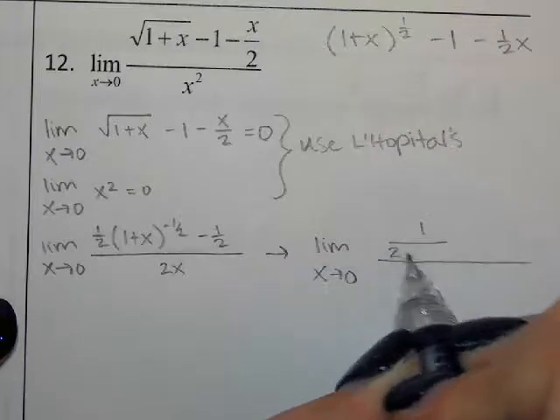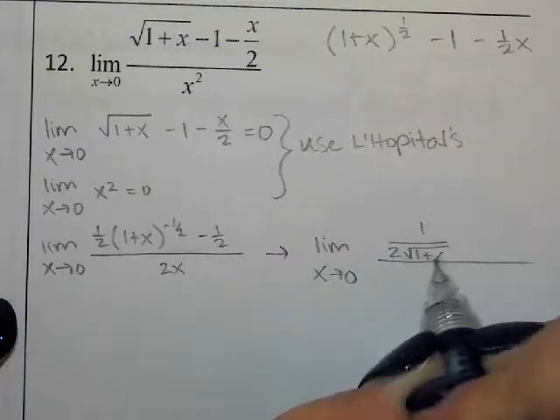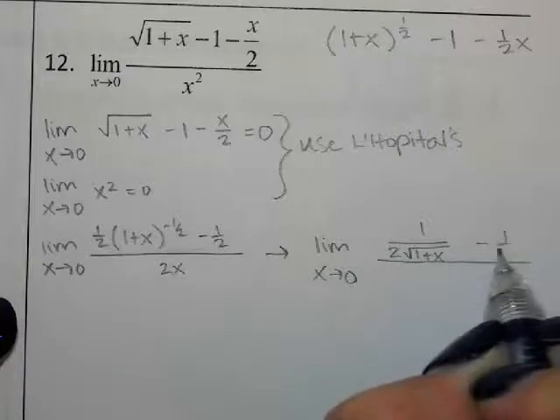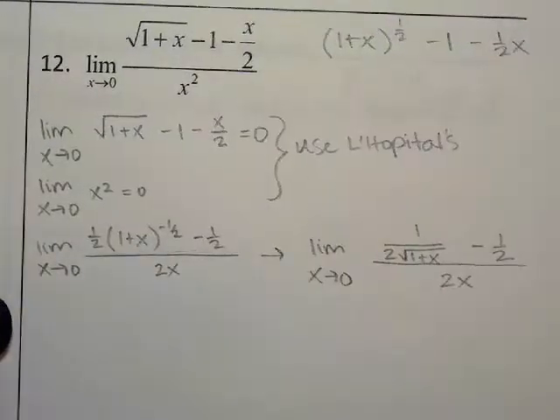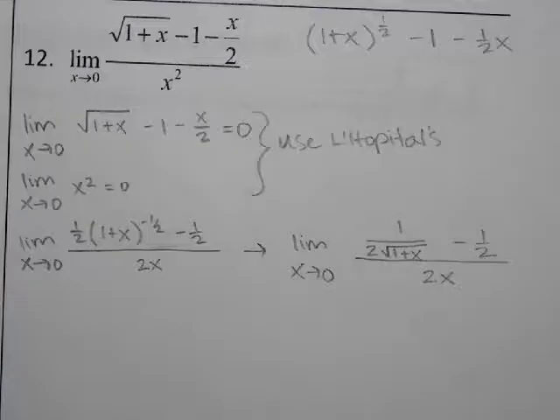On the bottom I got 2x. And now what happens if I do the 0 again? 0 on the bottom, what happens on the top? You get 0 on the top?